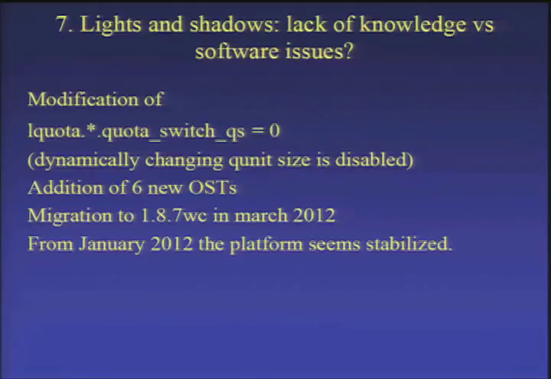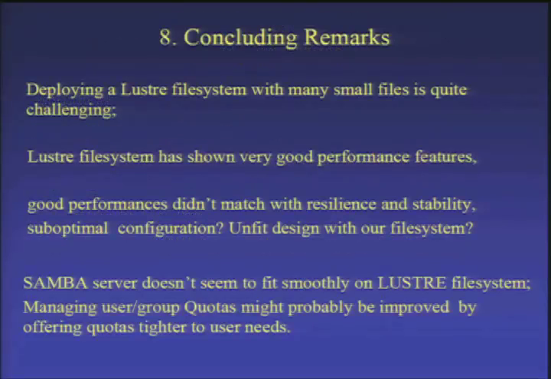And from January, the platform seems more stabilized. The only problems that we had recently are just related with quotas. That's the only thing that is left in our setup. So now some conclusions.